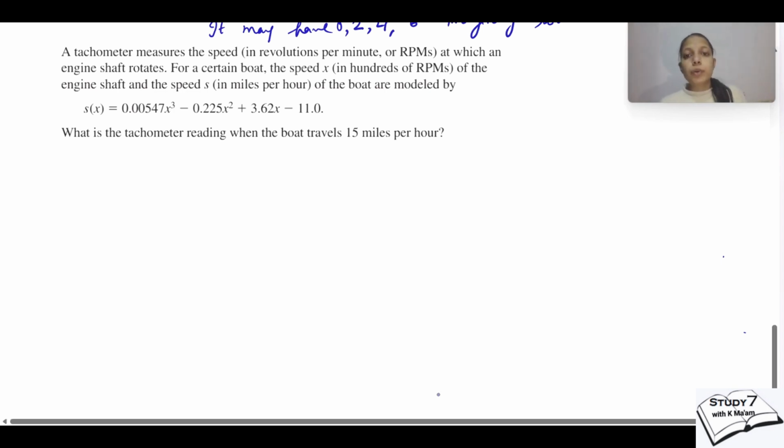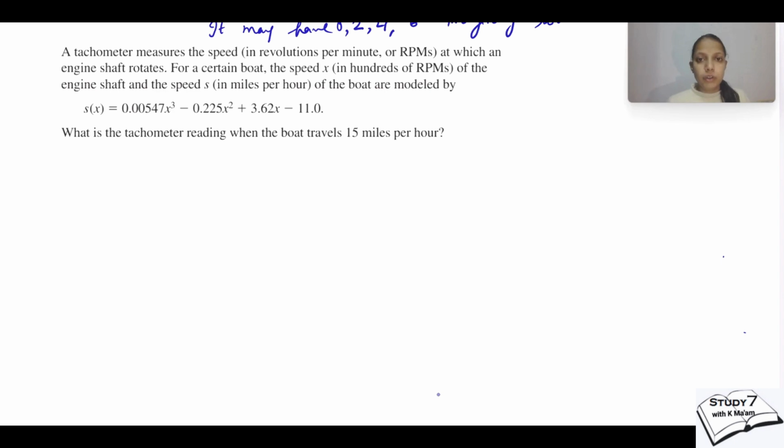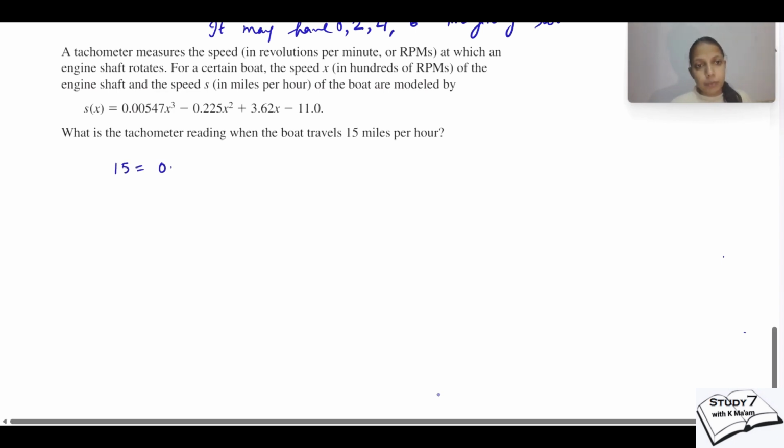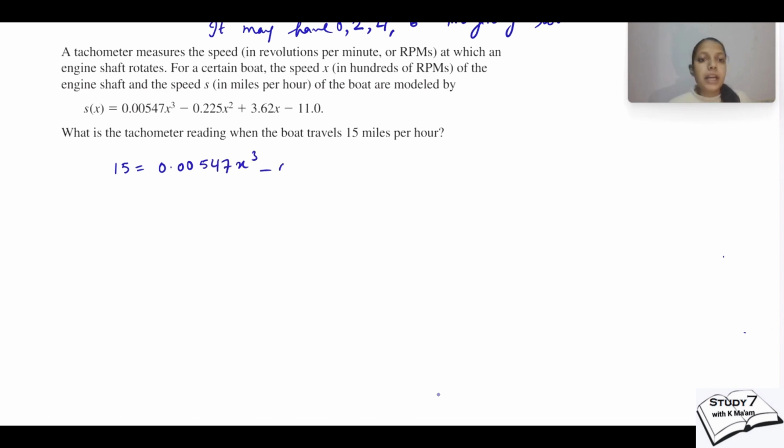So we have to find x when s of x is 15. So substitute 15 for s: 0.00547 x cubed minus 0.225 x squared plus 3.62 x minus 11.